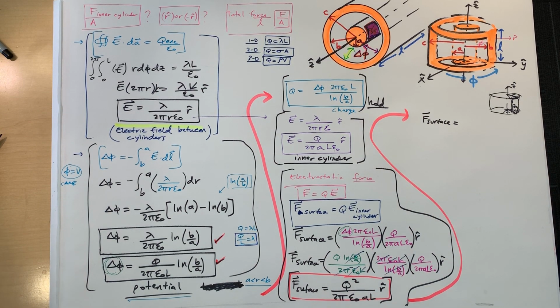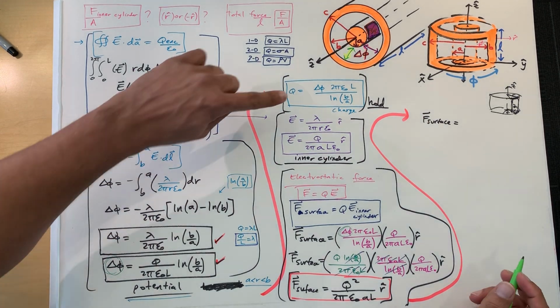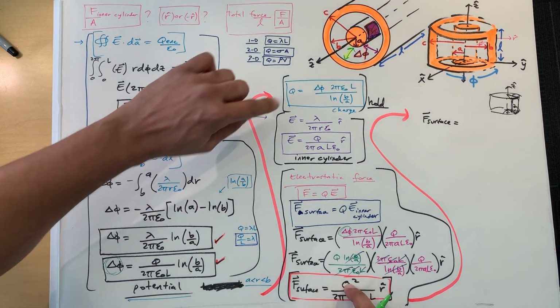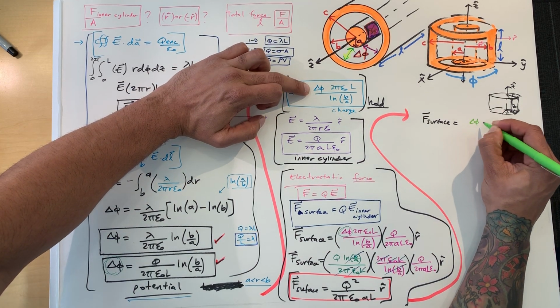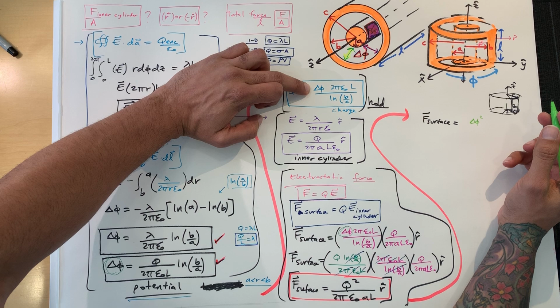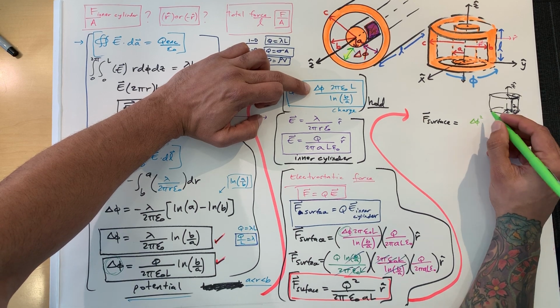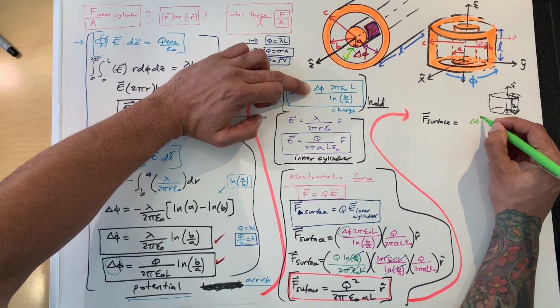I'm gonna write separate. So let's do that with this. Let's do Q squared, which is this here. We have the potential squared. I'm just gonna write it all and square it.